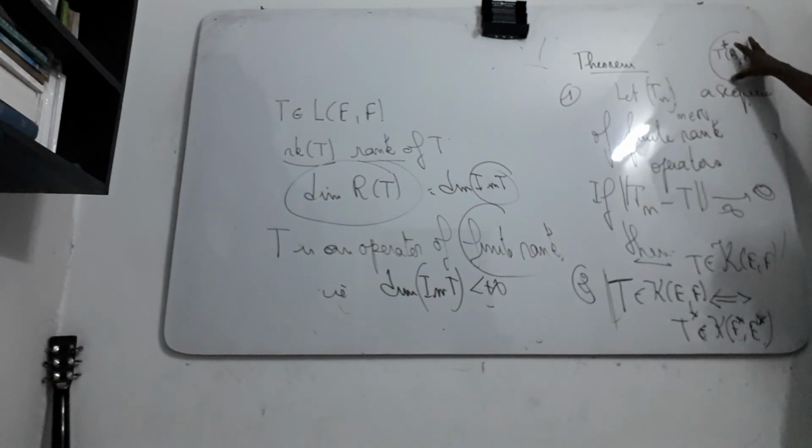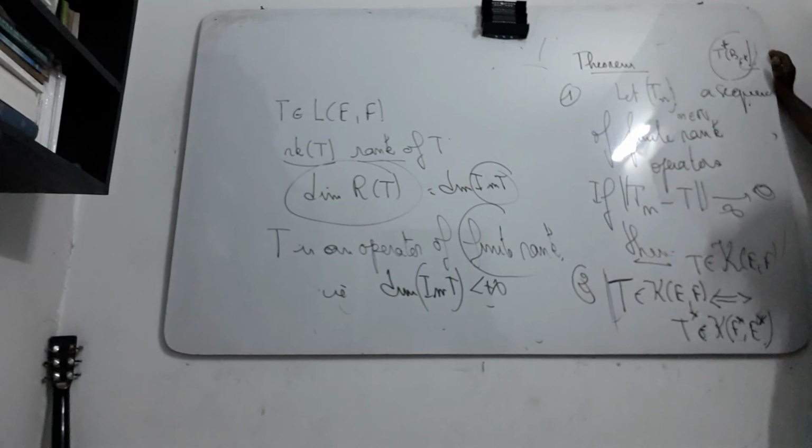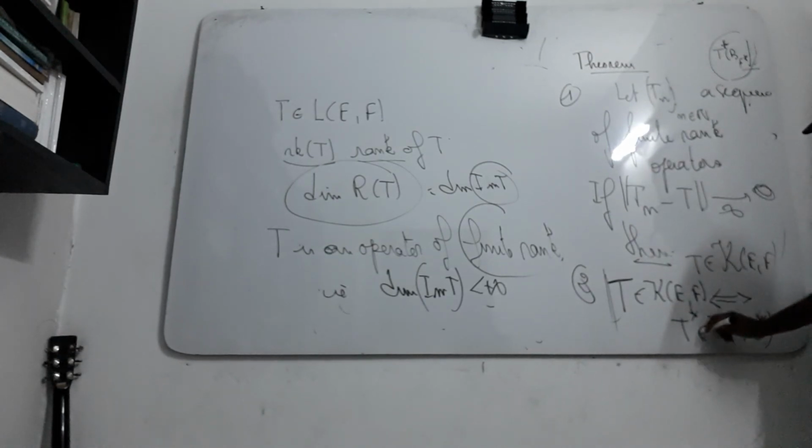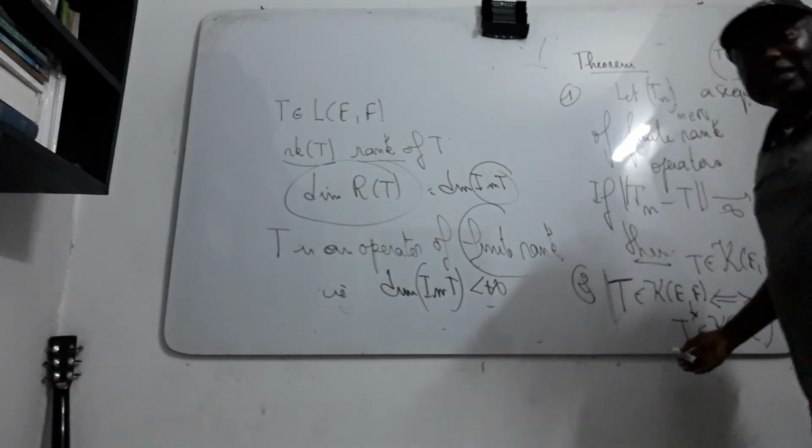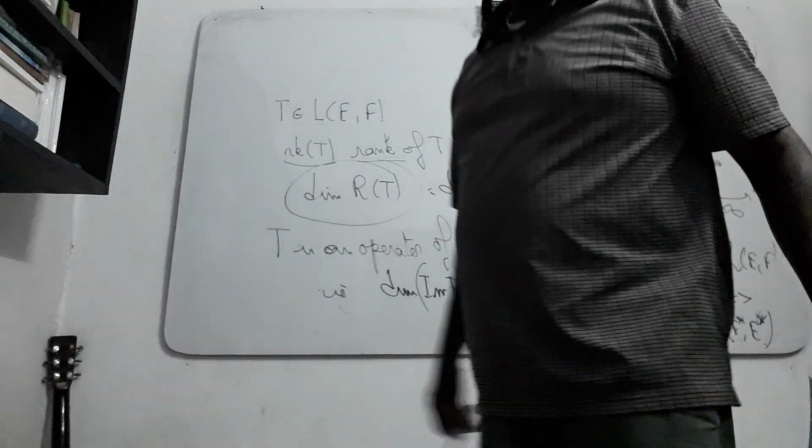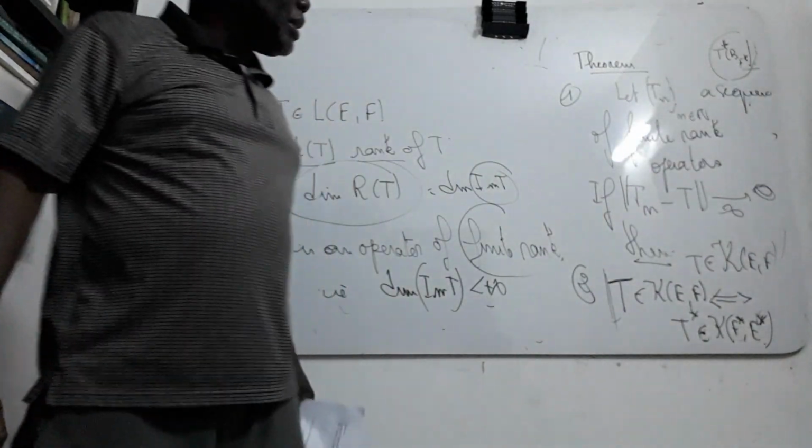Any sequence of this which admits a convergent subsequence, this one will be compact. The converse is also true, you can try to do it. So if T is compact, the adjoint is also compact. But if the adjoint is compact, then T is also compact.